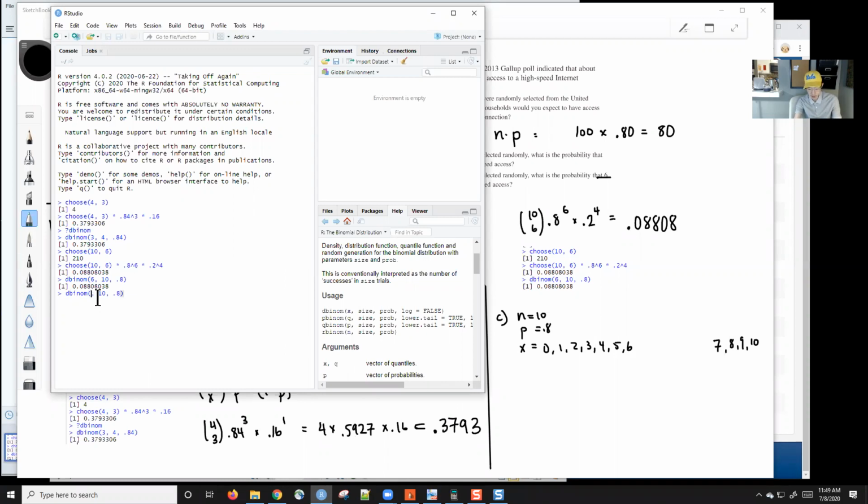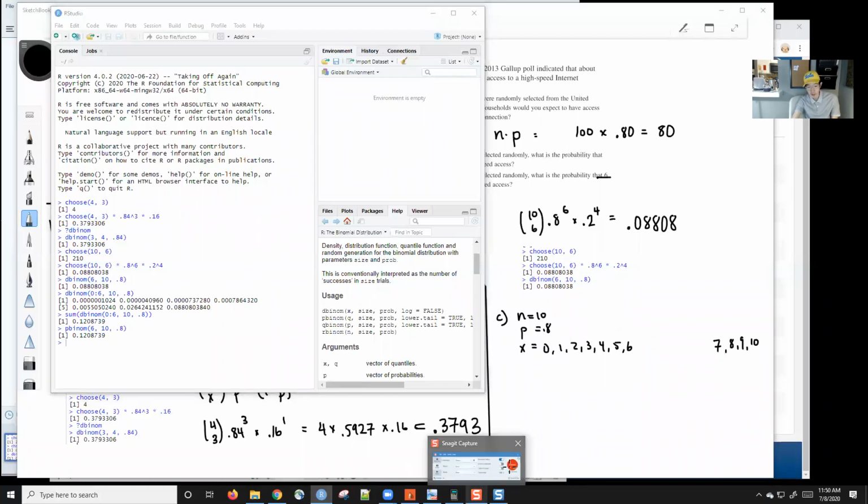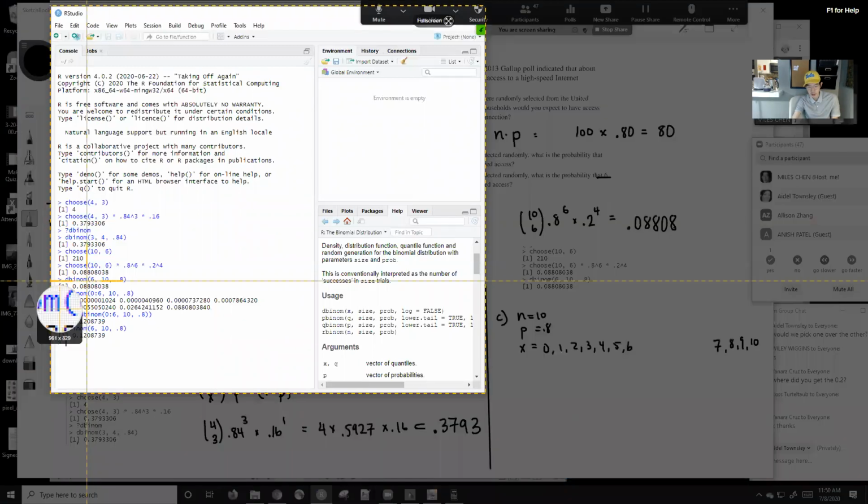You can do 0:6, and this will find the probabilities of everything from 0 through 6, and I can sum them all up. I can also use a function called pbinom that will give you the same answer. Did you guys cover dbinom and pbinom in lab?